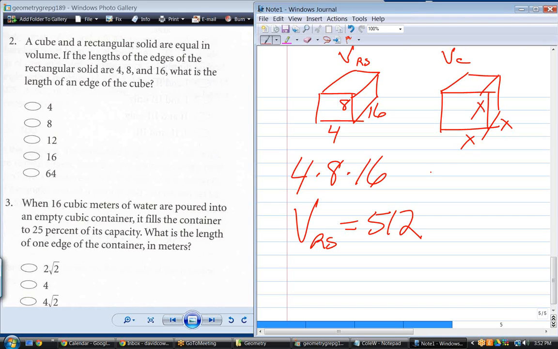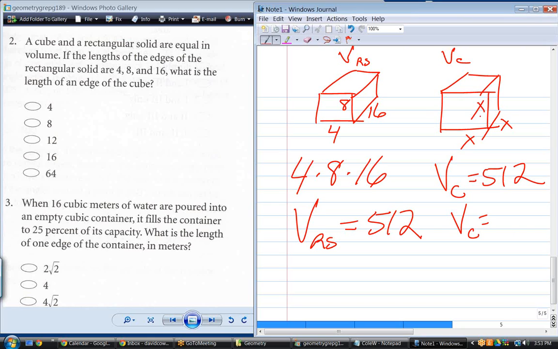If I know the volume of the cube is also 512, because that's what they said, they have equal volumes, what's the formula for the volume of the cube? Cube root of 512. Well, let's start one step at a time. What's the volume of the cube?